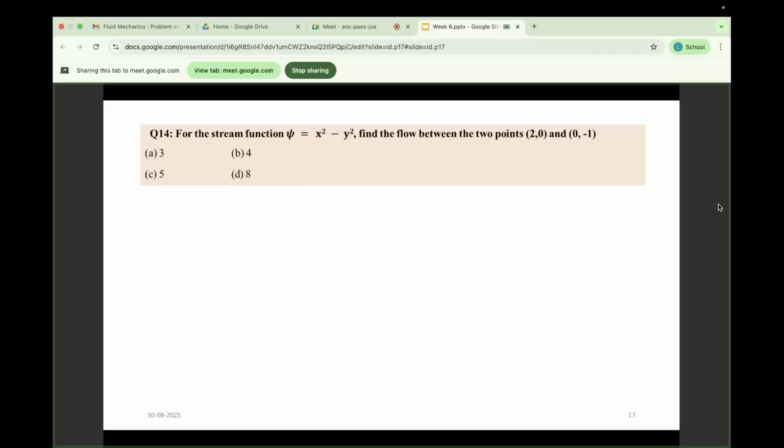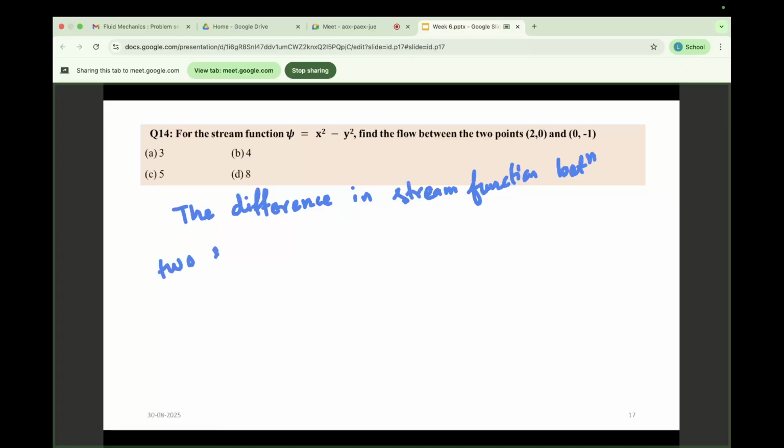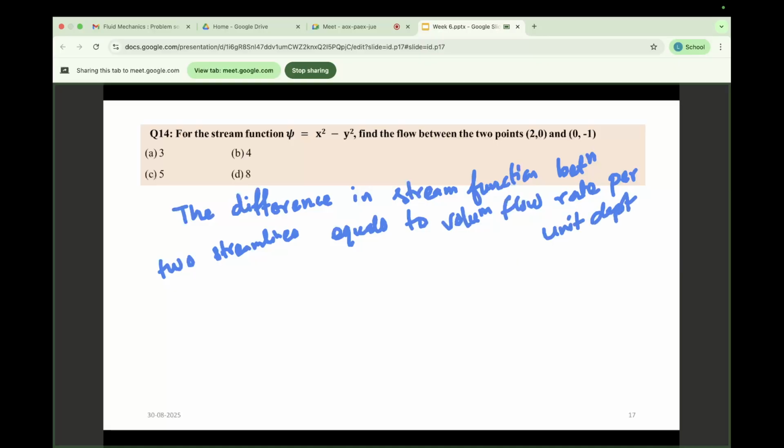So in this question, about this concept of flow, always remember one thing: the difference in stream function between two streamline values equals the volumetric flow rate per unit depth.